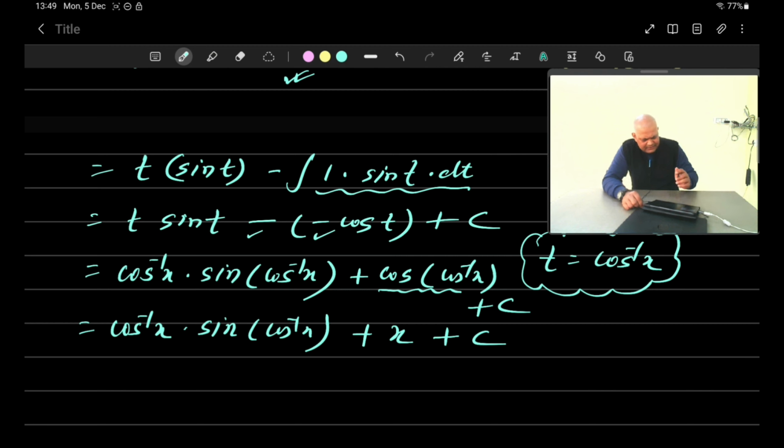You can also change this sine of cos inverse x, or you may not convert it. You may write this as the final answer for this question. If you want to consider sine of cos inverse x in another way, you may write it.